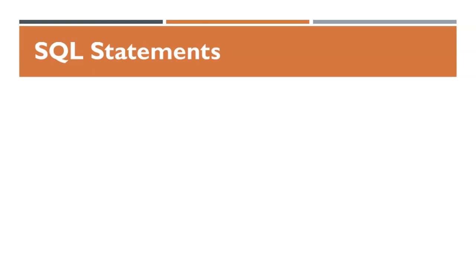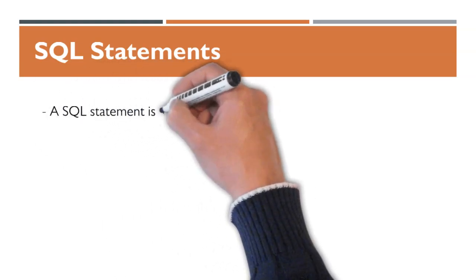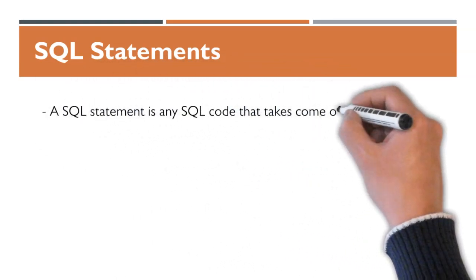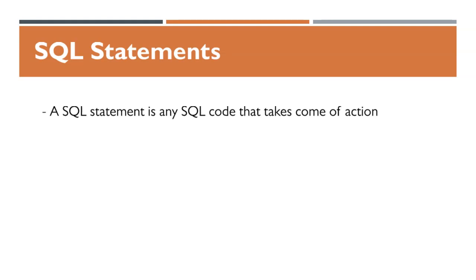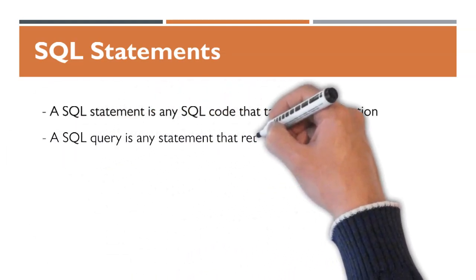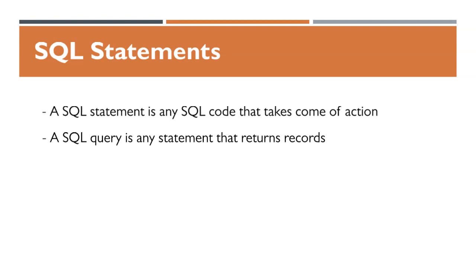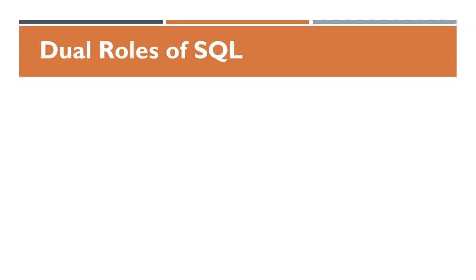Any SQL we write that takes some kind of action is a statement, and sometimes you'll see a statement using the SELECT word, often called a query. A query suggests that we are asking a question, and when we are using the SELECT keyword, that's generally the case. SQL statements can also be used to add, modify, or delete data in a database, or even create, modify, and remove tables.